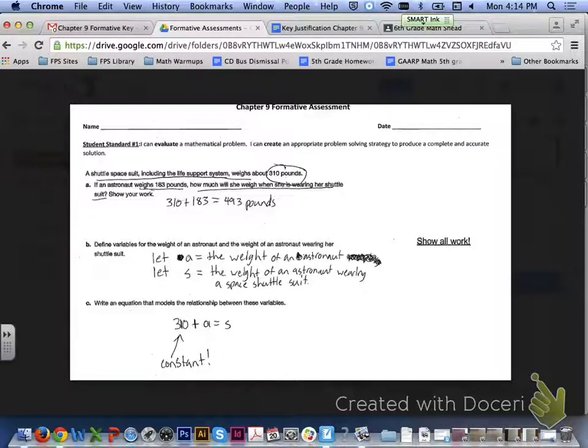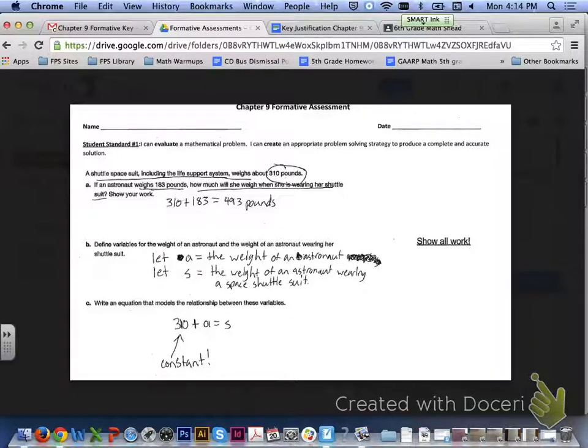So you can see for mine I said let A equal the weight of an astronaut and let S equal the weight of an astronaut wearing a space shuttle suit. Now 310, that's the constant. That's what a life support system and a space suit weigh together, and that's not going to change. So that is constant.